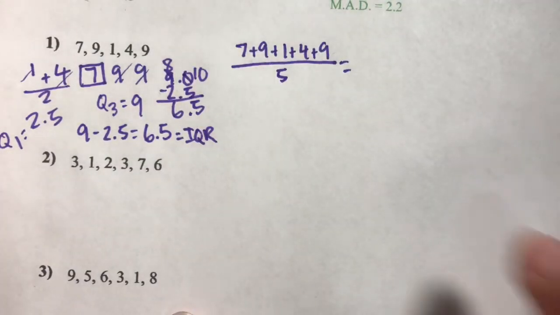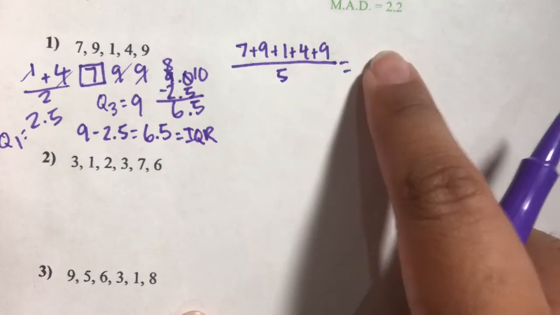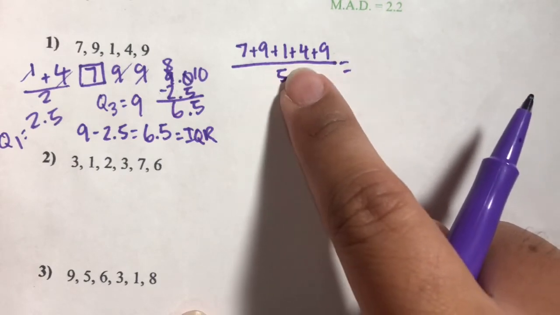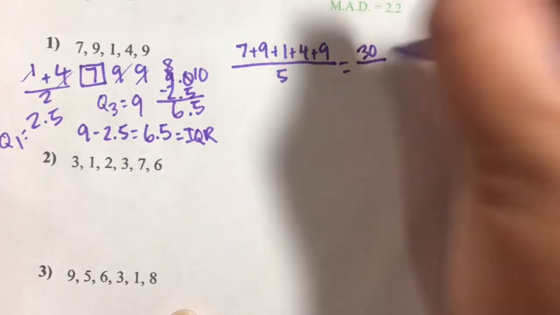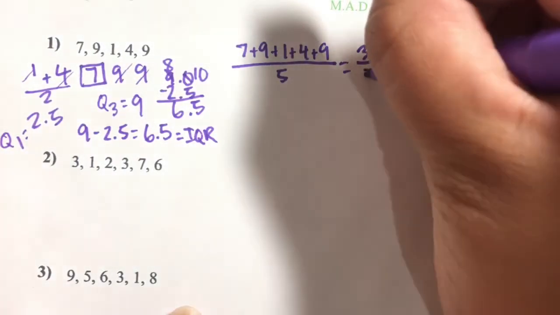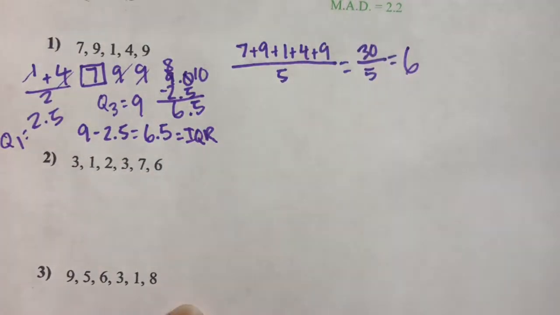Hope I'm not writing too small for you all. Okay, so if we add those all together, 7 plus 9 plus 1 plus 4 plus 9, you're going to get 30, divided by 5. 30 divided by 5 is 6.